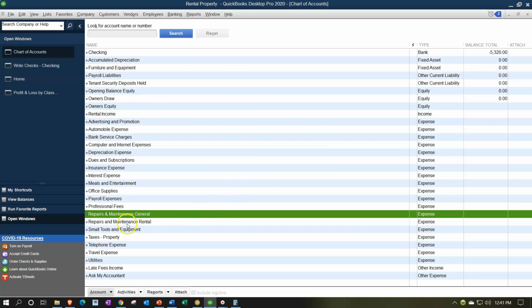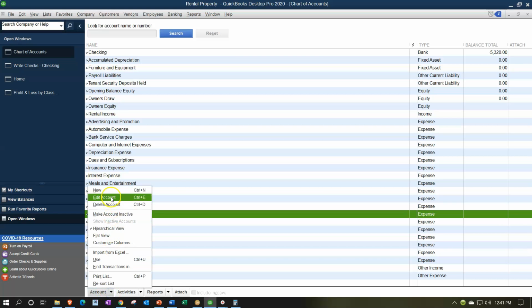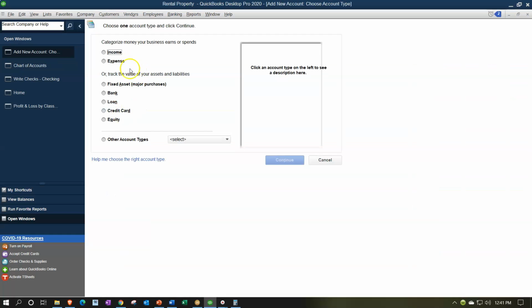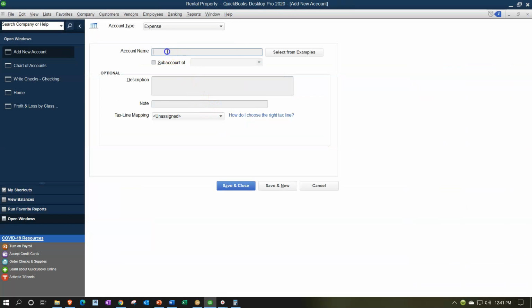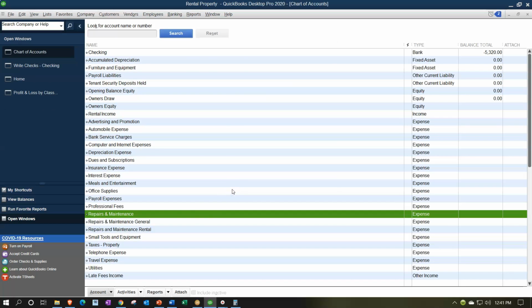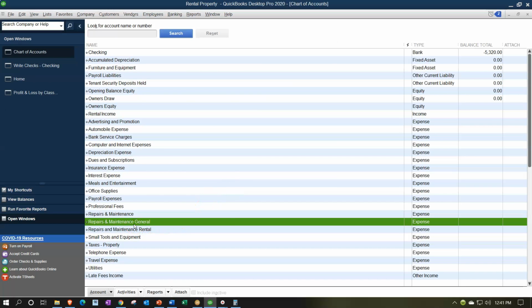So you could set it up basically this way, or you might even have a sub account. You could have a parent account and a sub account. So I might add another account and say I want a new account and make this one the parent account. And I'm just going to call it repairs and maintenance total. And then I could have these two sub accounts here. I'm going to now make these sub accounts. I'm going to edit this one.